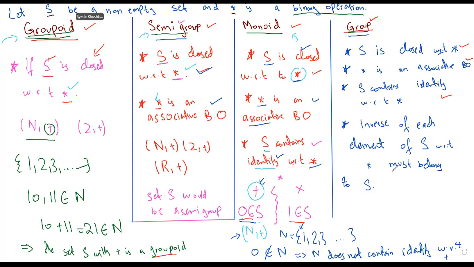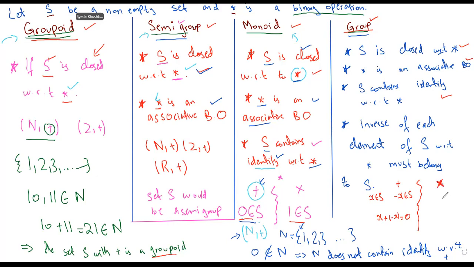Now, if you guys remember, we have discussed this already in the last class. If we talk about addition and multiplication separately, if x belongs to S, minus x should also belong to S. Why? Because x plus minus x will give me the identity element. And if you talk about multiplication, what did we do for multiplication?